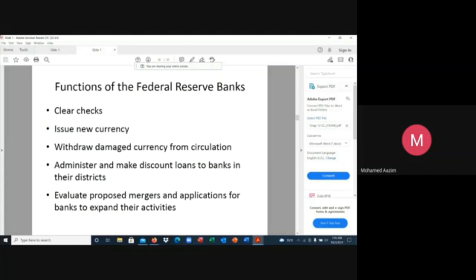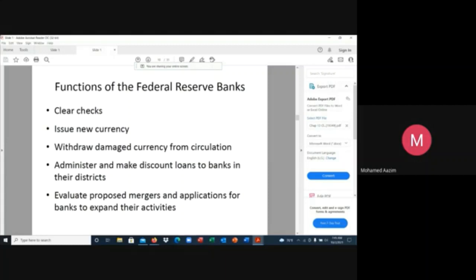And even the people and the financial intermediaries as well as other economic agents are encouraged not to accept such currencies in transactions, and that itself motivates people to exchange when currencies are damaged or mutilated. So whatever the reasons, they will be taken out from circulation.